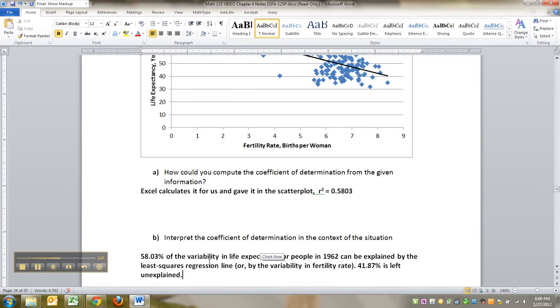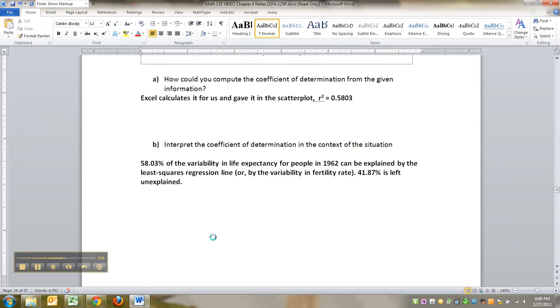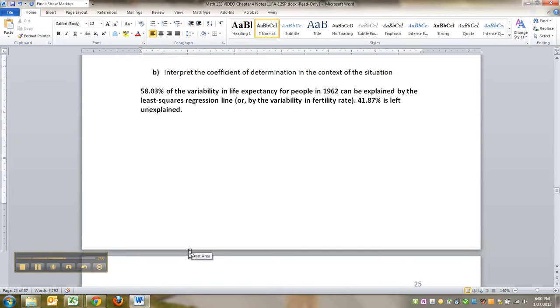And fertility rates and births per woman have a whole bunch of lurking variables in them, right? All of those variables that affect fertility rate are also affecting life expectancy. It doesn't mean that fertility rate causes the life expectancy. It means they have a lot of things in common. You don't get to see what those are, but you know how much percentage-wise it accounts for.